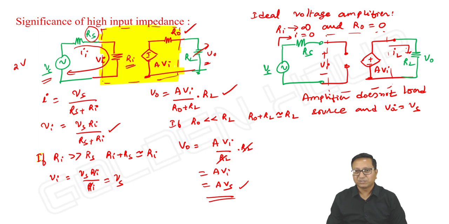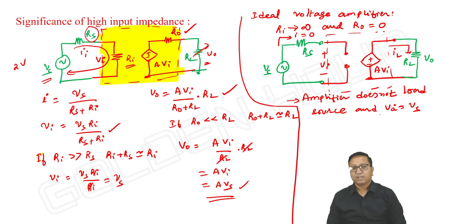So the first point is that the amplifier does not load the source, or the current entering into the input terminal of the amplifier is 0. So there is no voltage drop across RS, and entire Vs can be seen across the input terminals. So the amplifier is not loading the source.